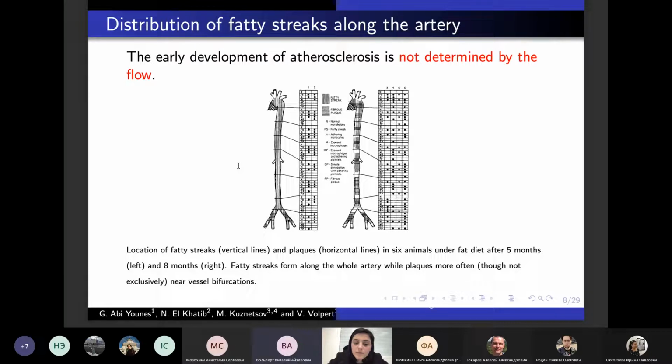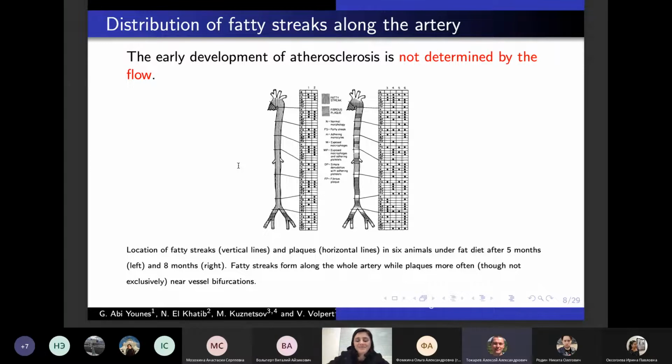But it is really difficult to find such detailed data, especially on the formation of fatty streaks, because it's a very early stage of the development, and not so much data is available. It's more difficult to observe this. This is why we are mostly based on this work, but less detailed data can also be found in other works.